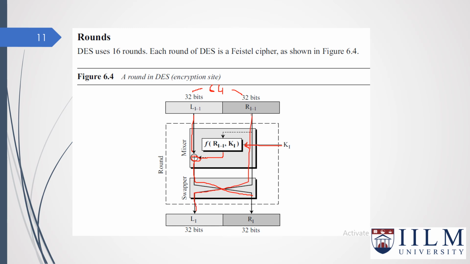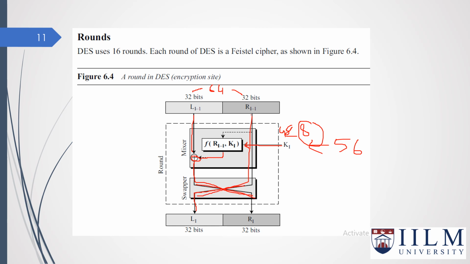So in each round there is a 48-bit key: the 56-bit key comes, the 8 parity bits are discarded, and the 48 bits are used in the algorithm. The key and the right half are mixed by XOR to create another block, and the result goes to the swapper, which swaps left to right and right to left.